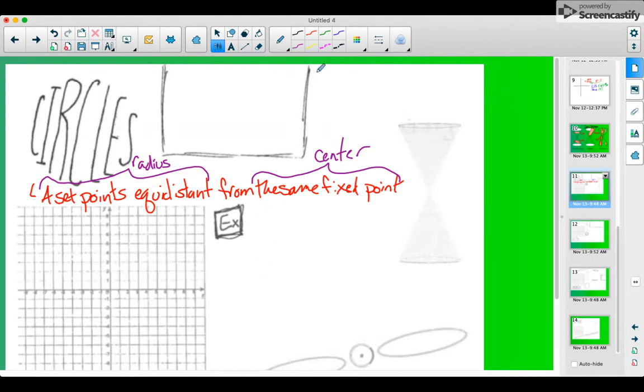There's going to be what we call a graphing form and a standard form. Now, graphing form looks like this.